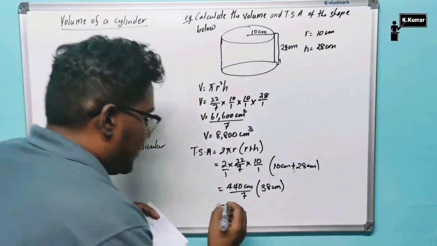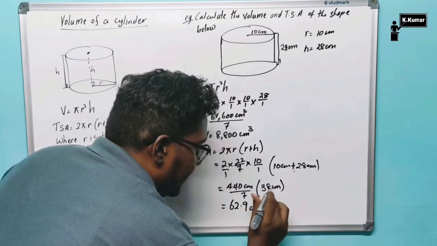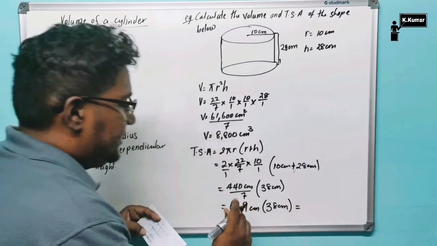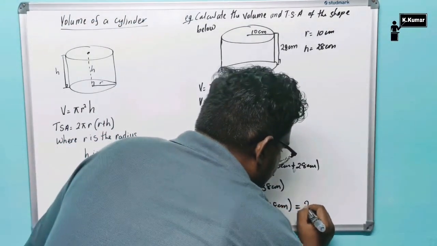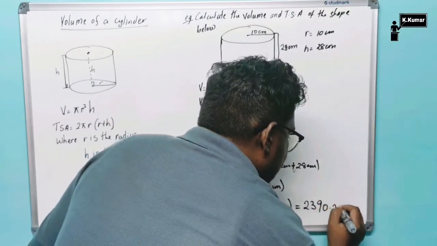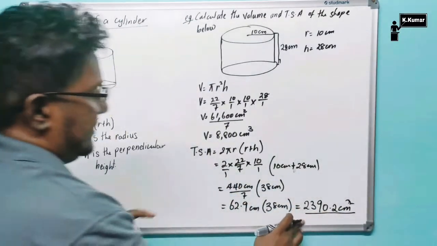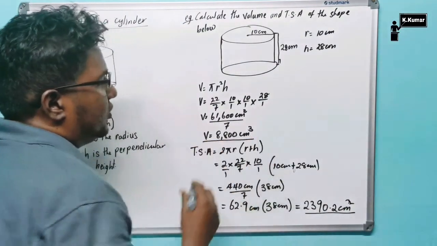Divide here, I'm going to get 62.9 cm multiplied by 38 cm, and when I multiply 62.9 by 38, I'm going to get 2,390.2 cm squared. So this is the total surface area of this cylinder.